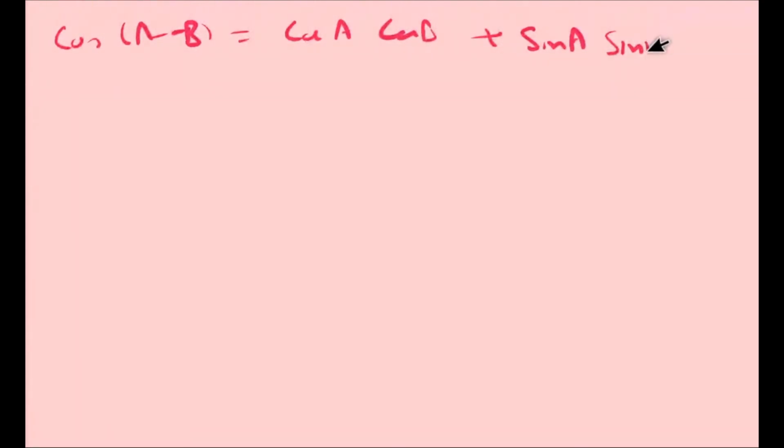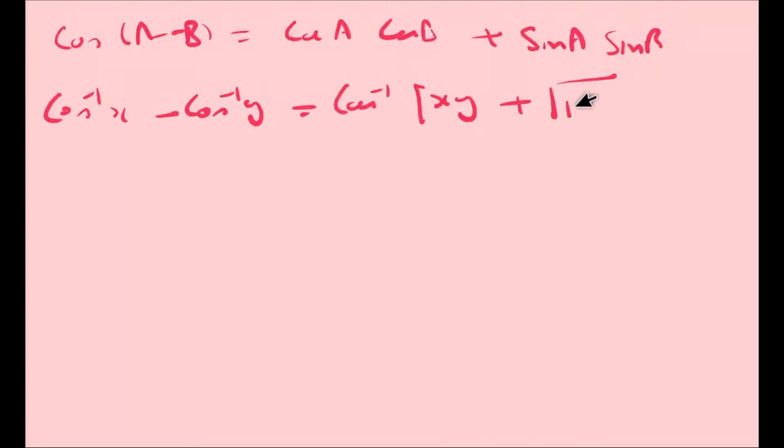So the next formula is for cos (A minus B), that is cos A cos B plus sin A sin B. Similarly, cos inverse x minus cos inverse y is cos inverse of (xy plus under root 1 minus x square into under root 1 minus y square). Right, student?